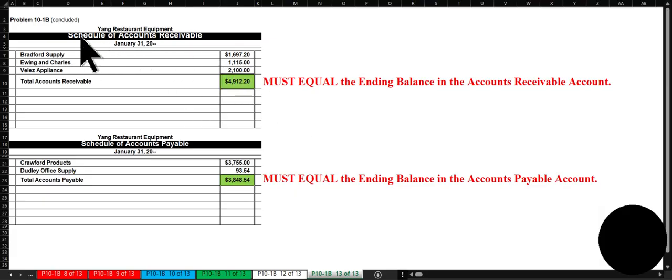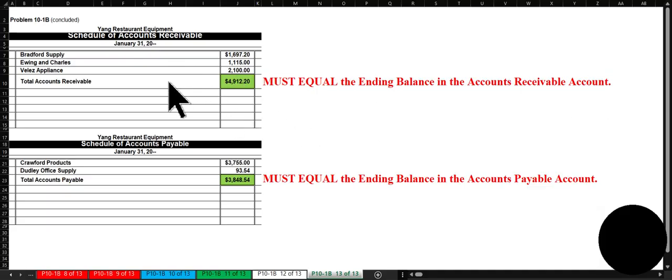Let me end with the subsidiary ledgers. You can see here the schedule of accounts receivable. This is simply taking the balance from each of the accounts in the subsidiary ledger and listing them. And this number here must match, must be equal to the ending balance in the accounts receivable account.